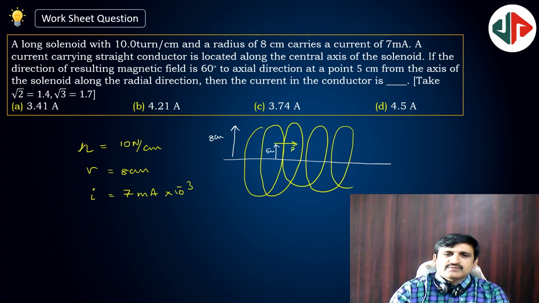And the field due to this conductor, I will show you with into or dot, whatever, into. Then the resultant is 60 degrees.